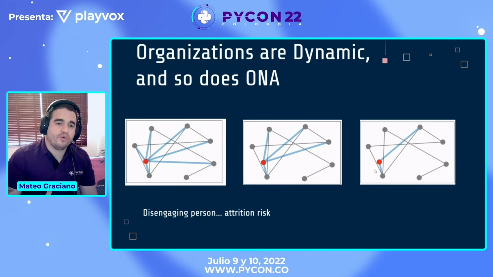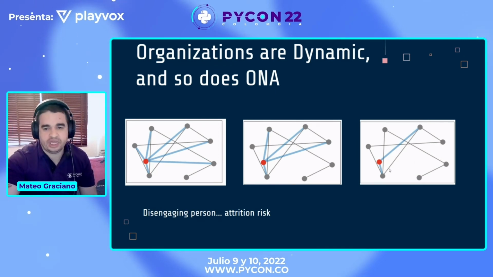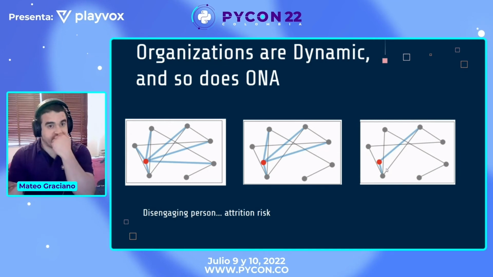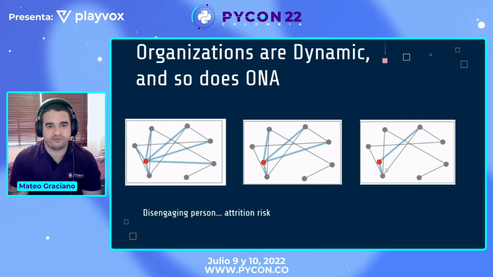Usually, when a person used to be pretty engaged and now he is not really engaged, and there is no explanation for this phenomenon, the explanation is pretty simple. He is disengaging from your company, so there is an attrition risk.